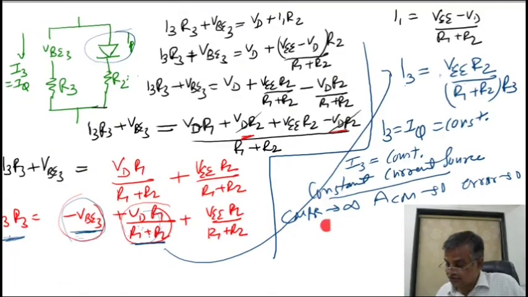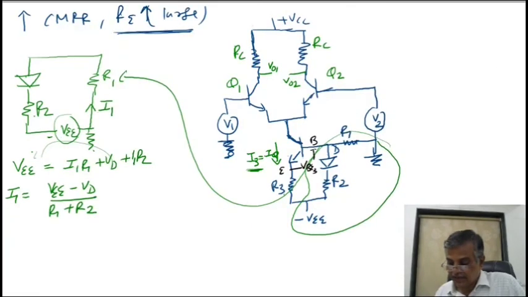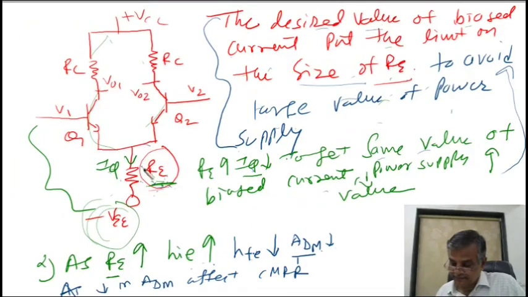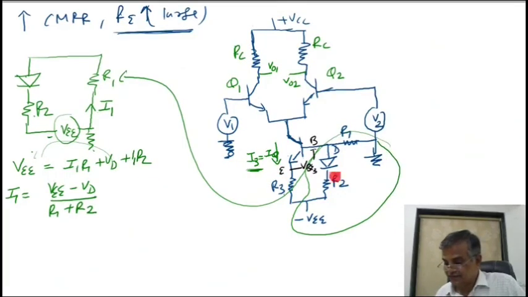So this discussion shows that if the RE is replaced by this circuit, meaning Q3, R3, R2, diode and R1, then this circuit behaves as a constant current source. This provides a very high resistance. Hence, CMRR will be large.